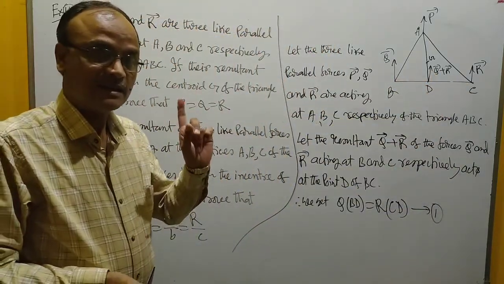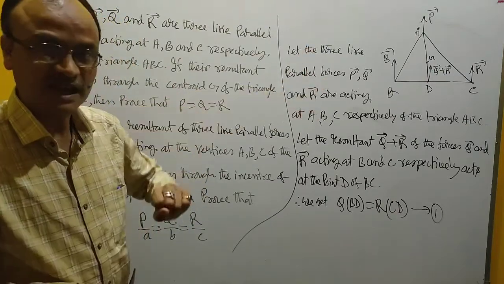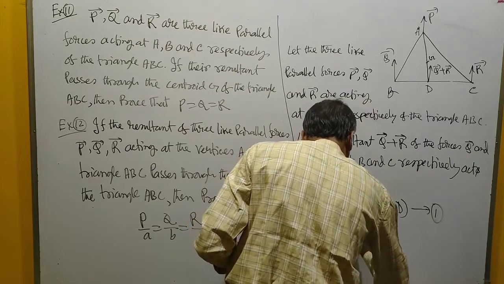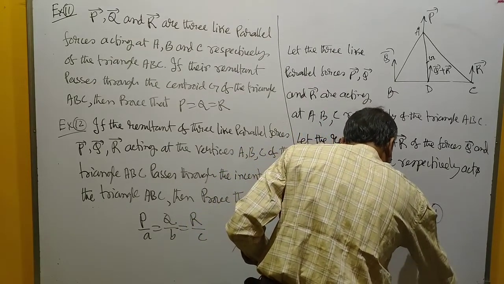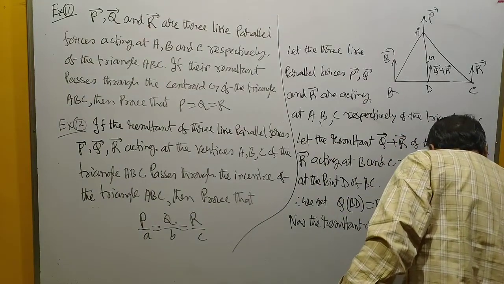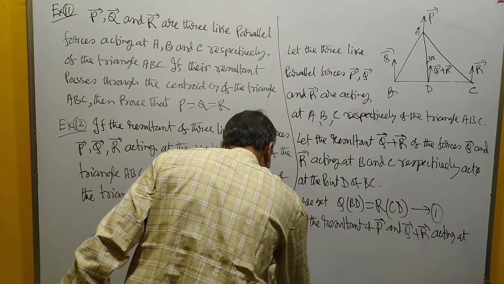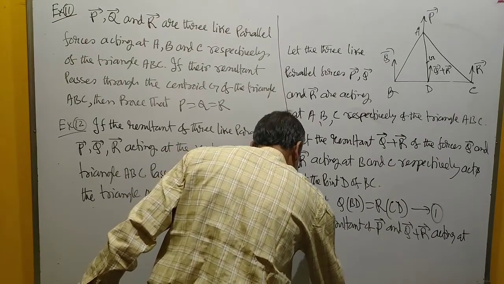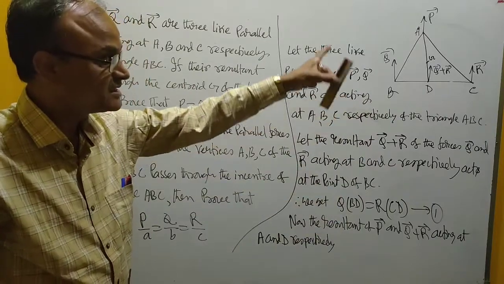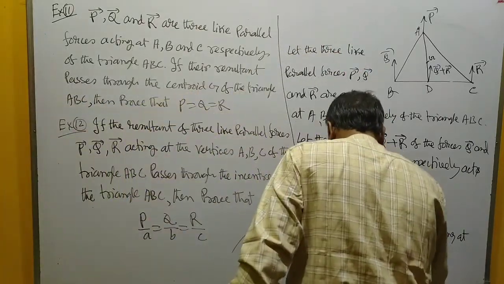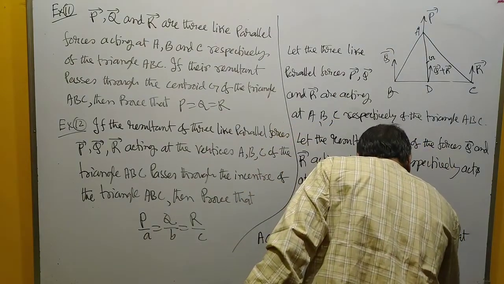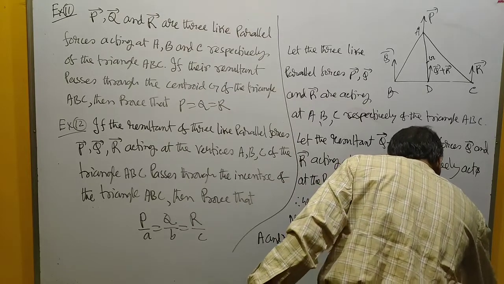Now, the resultant of P and Q plus R acting at A and D respectively will act at some point on AD.